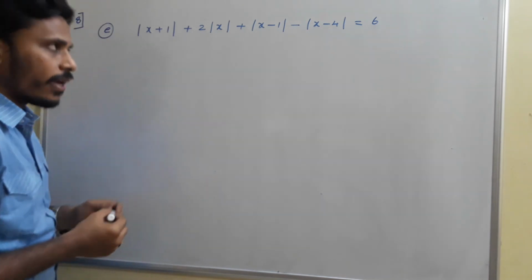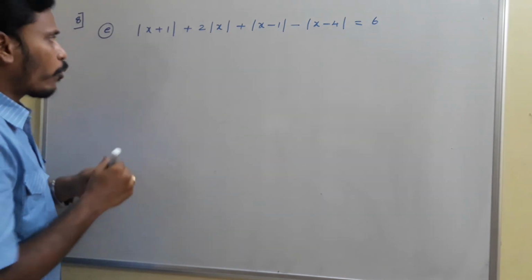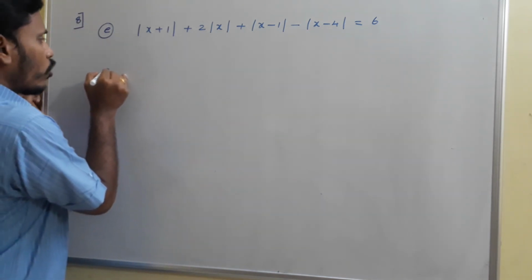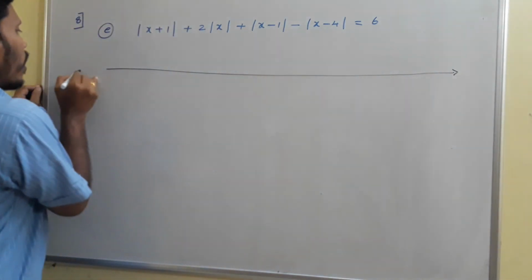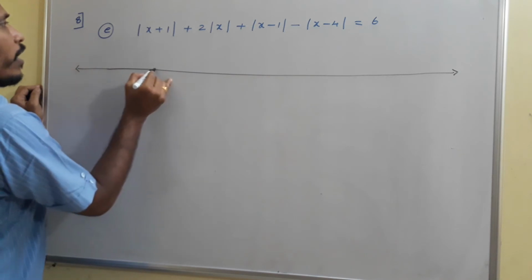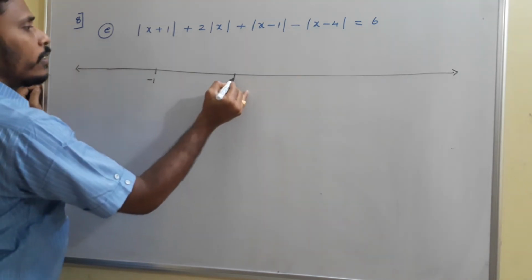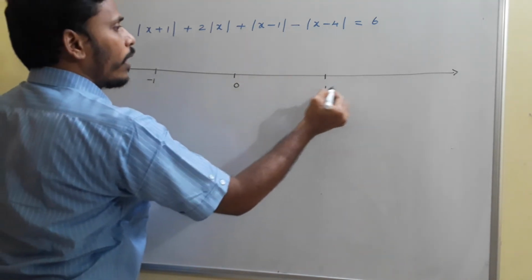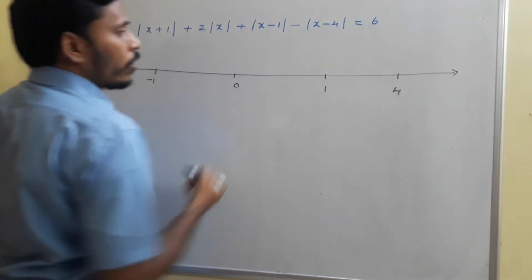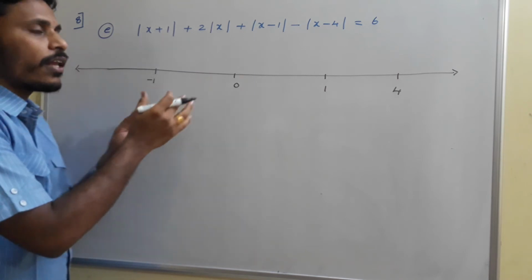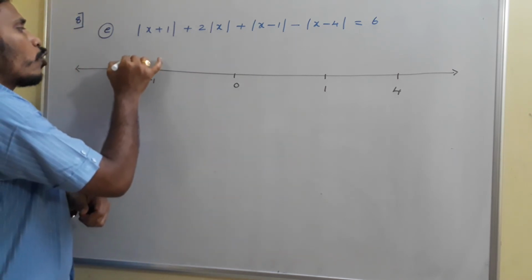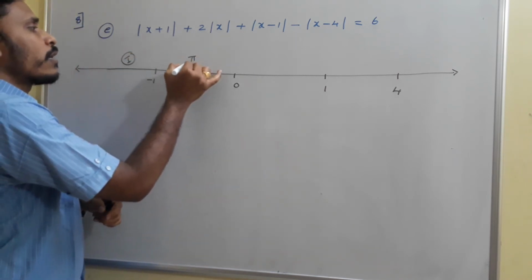So you just take them as critical points and divide the problem into different cases. This is basically the number line, and on this number line somewhere we have minus 1, 0, then 1 and then 4. So these four critical values will divide the total number line into how many cases? 5 cases.